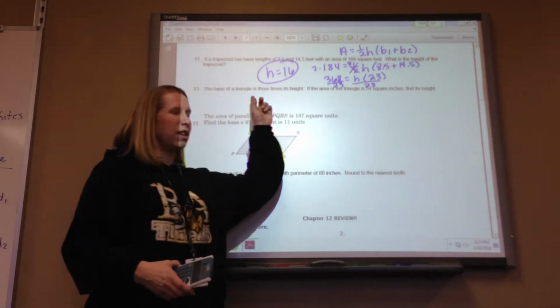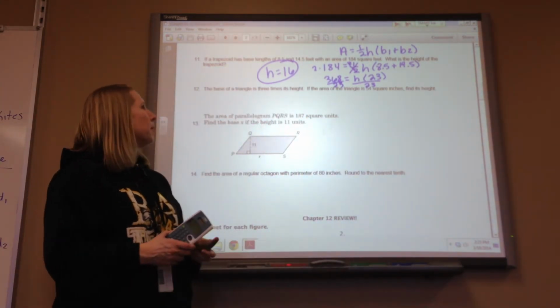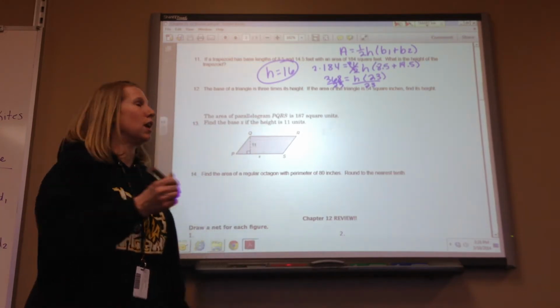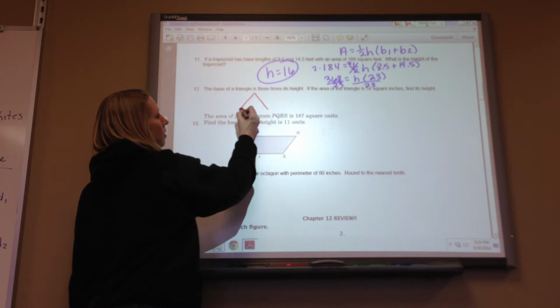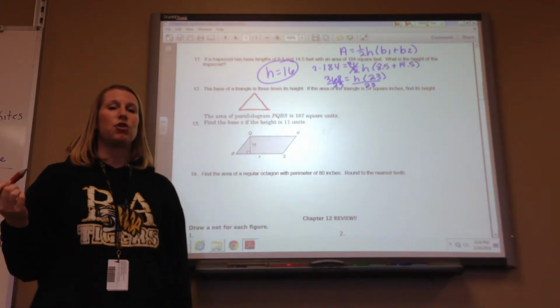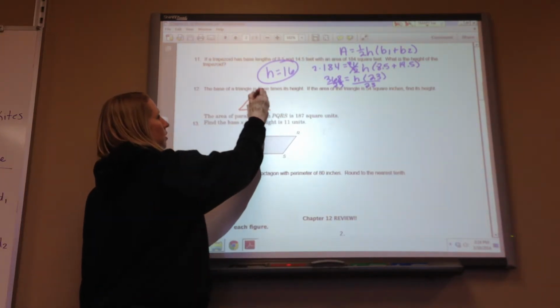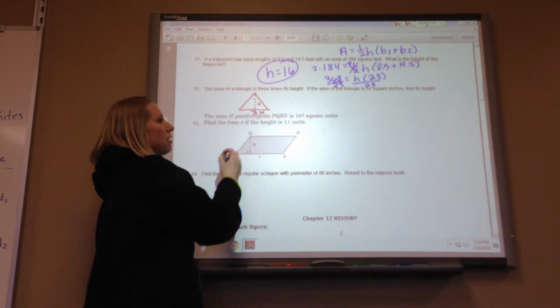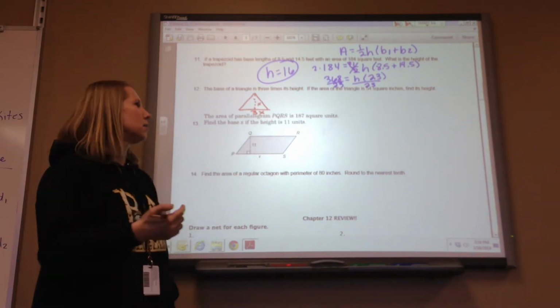Okay, one of those harder ones. The base of a triangle is 3 times the height. I like to draw the picture so I can visualize it. So I have a triangle. The base is 3 times the height. So here's my height. I'm going to call my height x. The base would be 3x because 3 times the height would be 3x.